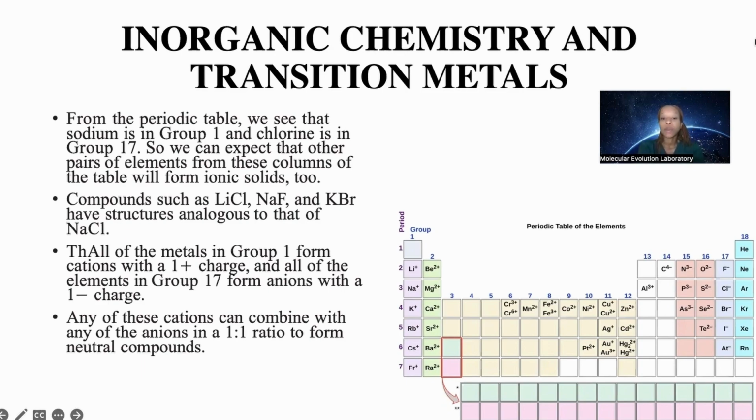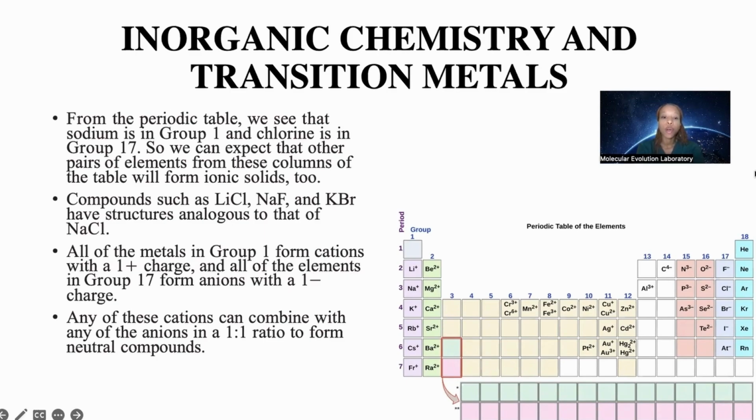Compounds such as lithium chloride, sodium fluoride, potassium bromate have structures analogous to that of sodium chloride. Group 1 elements form cations with a +1 charge, and all of the elements in group 17 form anions with a negative charge. Any of these cations can combine with any of the anions in a 1-to-1 ratio to form a neutral compound.